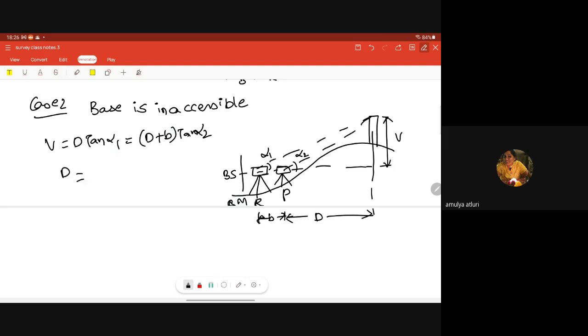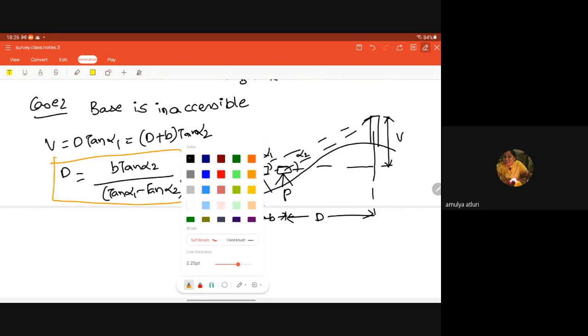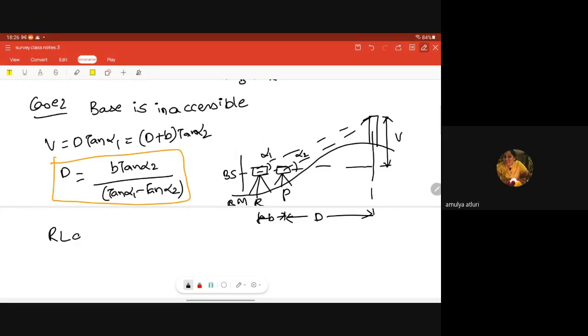So my D is equal to B tan alpha 2 by tan alpha 1 minus tan alpha 2. Next, RL of Q is equal to RL of BM plus BS plus V.